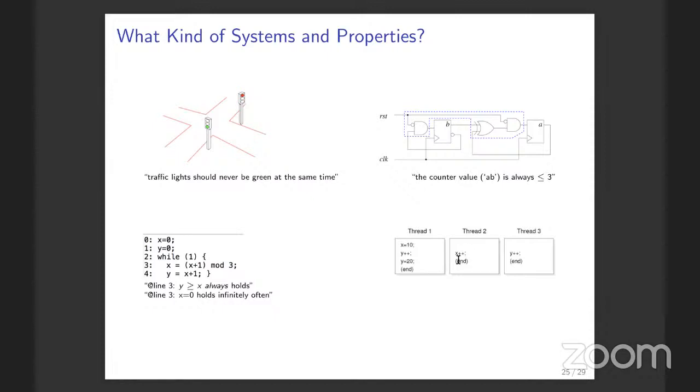There is a hidden scheduler which picks one of the processes and determines how many steps of atomic actions from that thread need to be executed before you schedule the other one. So when you model these things, there are a lot of hidden things. For example, in the case of synchronous systems, there is this hidden clock, okay?